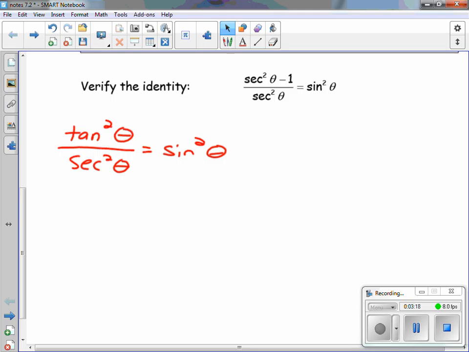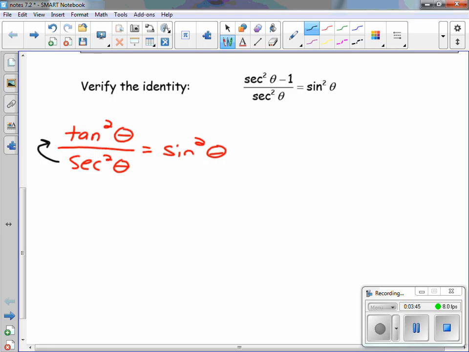From there, we need to get tangent squared over secant squared to become sine squared, and that's actually not going to be too terrible. All right. If we take this secant squared theta and move it up to the numerator, it becomes what? Cosine. Yeah. It'll become cosine, right?